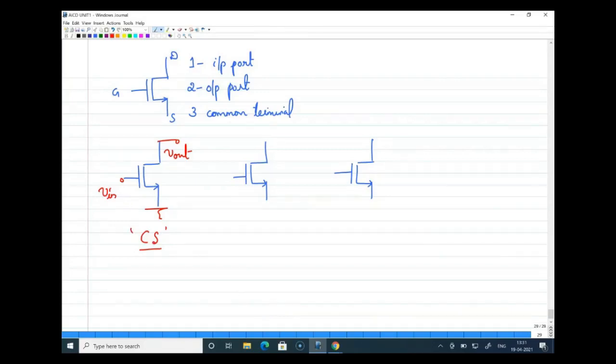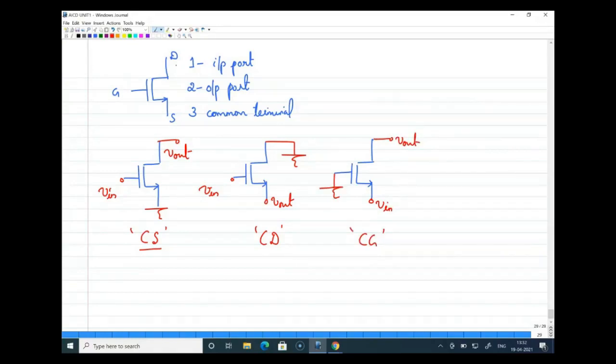Similarly, if you keep your drain terminal common, giving input to gate and output from source, since your drain is common, we call this common drain. And finally, we provide input to the source, output from drain, and since your gate is common, we call this common gate, right?